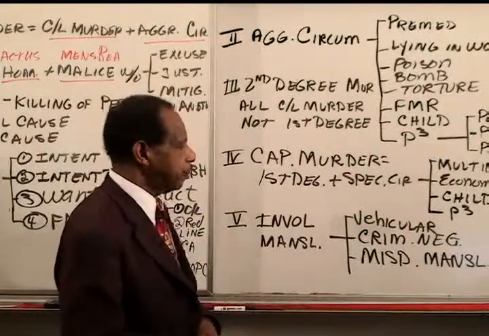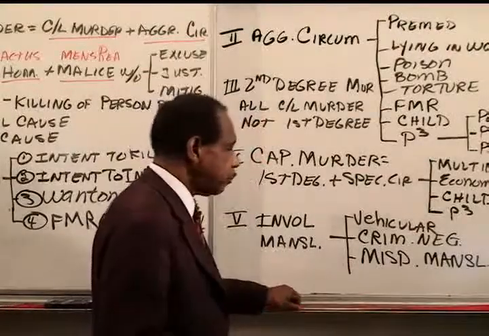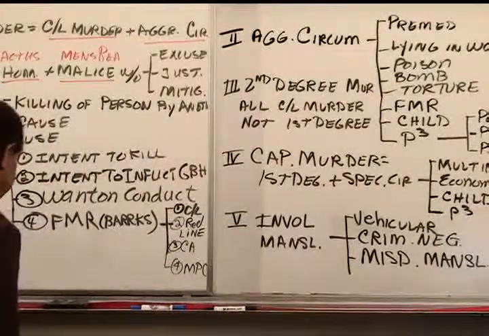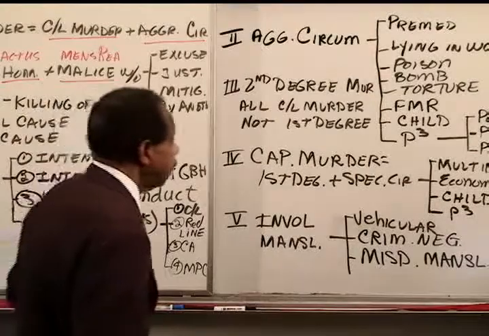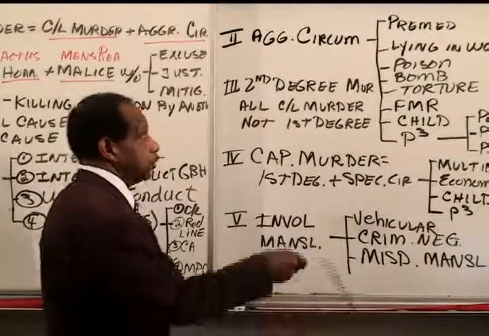So that is the law of homicide. The law of homicide is about murder. We know what it takes to find common law murder, and common law murder plus aggravated circumstances will get you first degree.